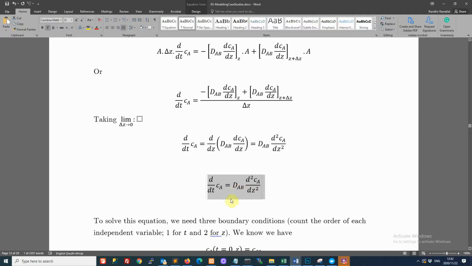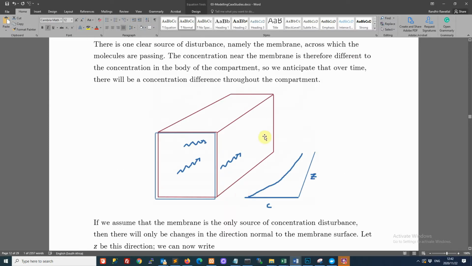And to solve an equation like this, we need boundary conditions, right? This is just an equation that describes how changes are related inside the space here. But if we want to know what the concentration really is in the compartment, both in time and space, then we can't just describe changes. Everything's changing, this change is related to that change. It's not enough. We also have to specify some additional information.